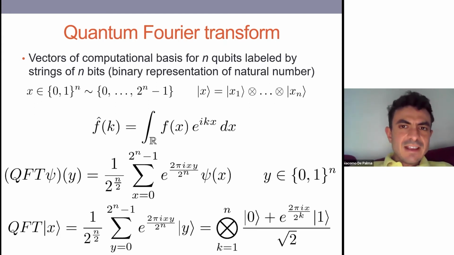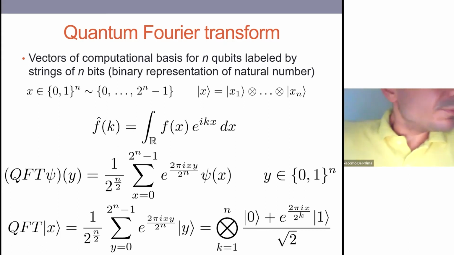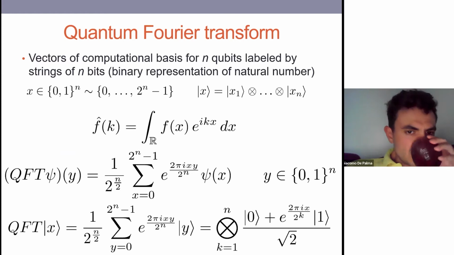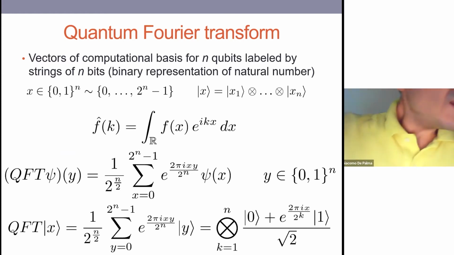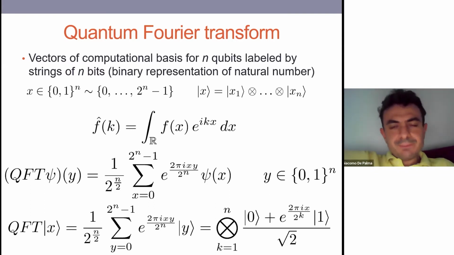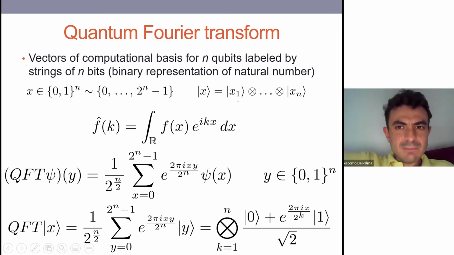And if instead we have n qubits, the basis elements of the computational basis are labeled by strings of n bits. So you can see here an example string of n bits, where each bit corresponds to a single qubit.